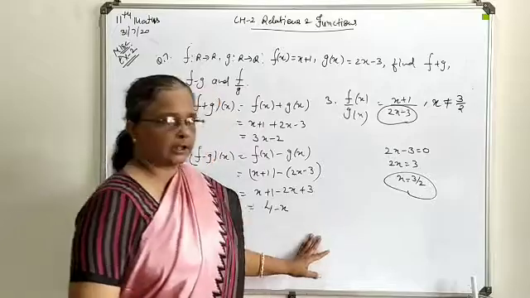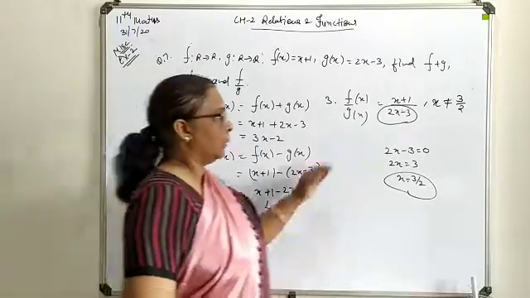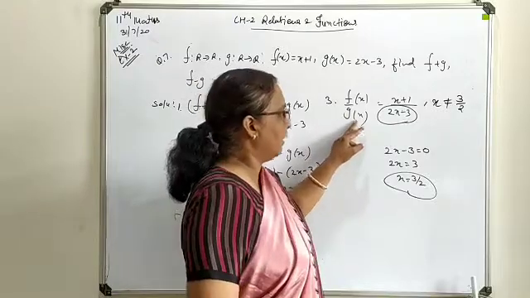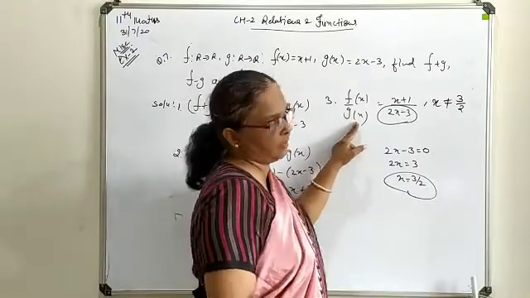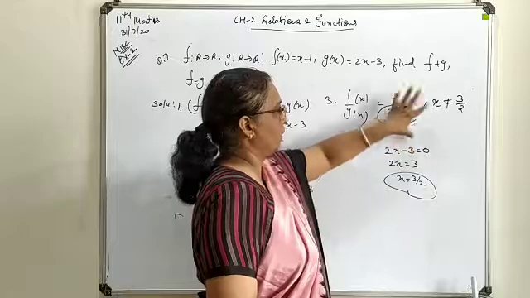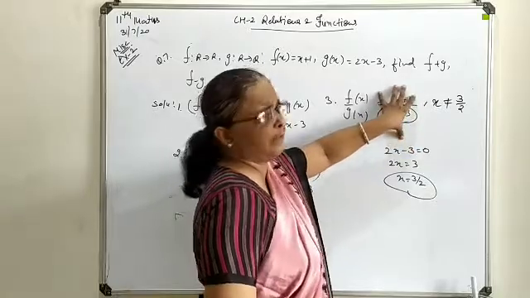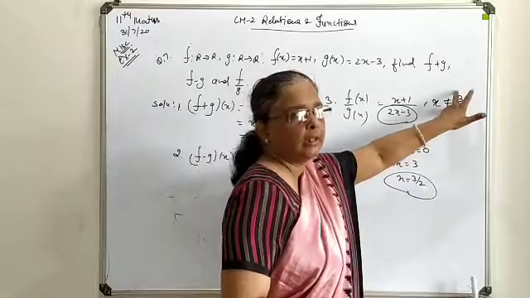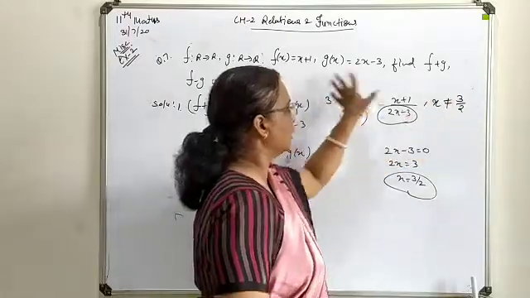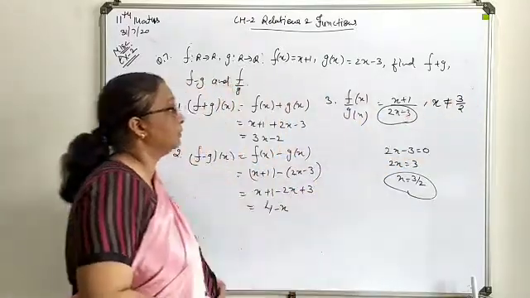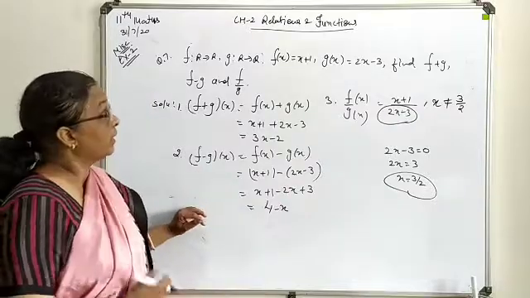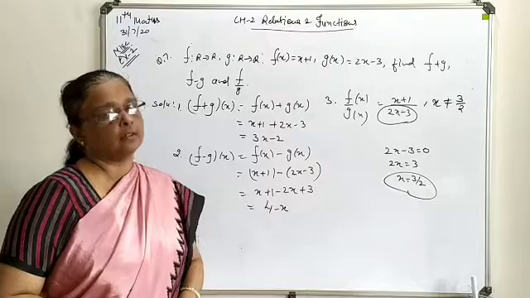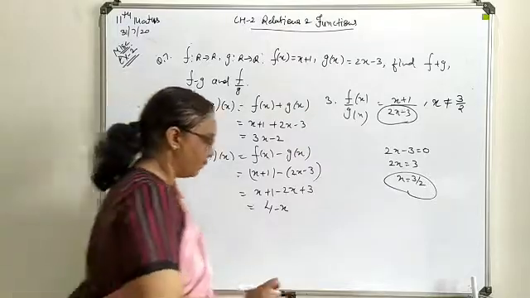Here we are not restricted to any value of x for addition, but as we are dealing with the fractional form, we have to avoid g(x) tending to 0. So when you select the value of x, it should not be selected as 3 by 2. This way, such algebra of functions, called addition, subtraction, multiplication or division, you can deal with.